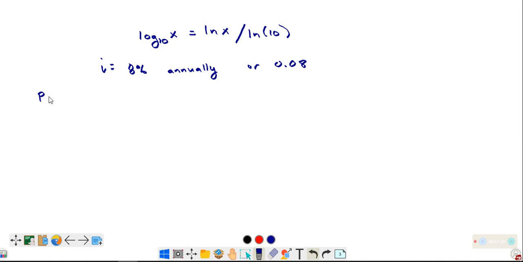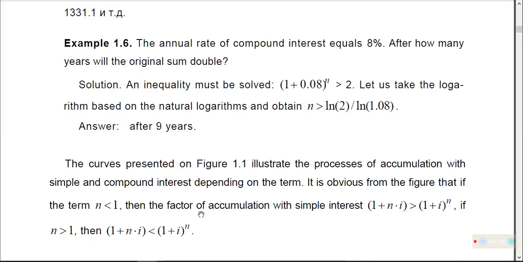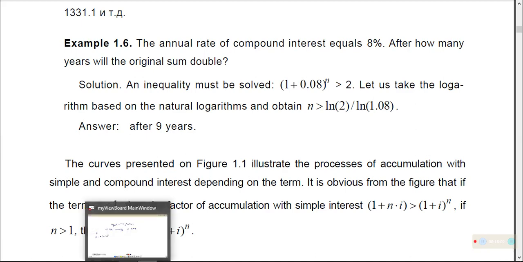And we know that to get the total sum S, dapat gagamitan natin siya ng P times 1 plus I raised to the power of N. 'Di ba? But our condition here, dapat daw yung original sum ay magdo-double.